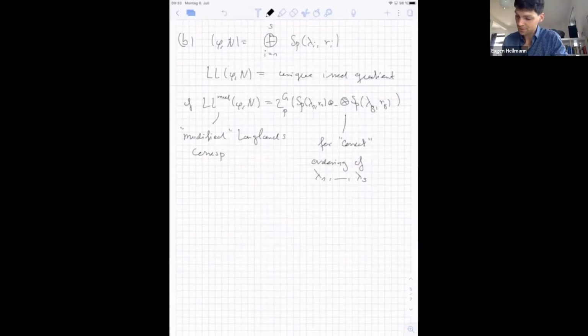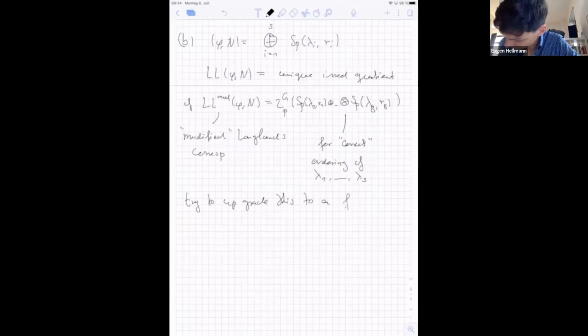And so I said that I want to consider a version involving categories rather than just isomorphism classes of irreducible objects. Okay, so kind of to a functor.